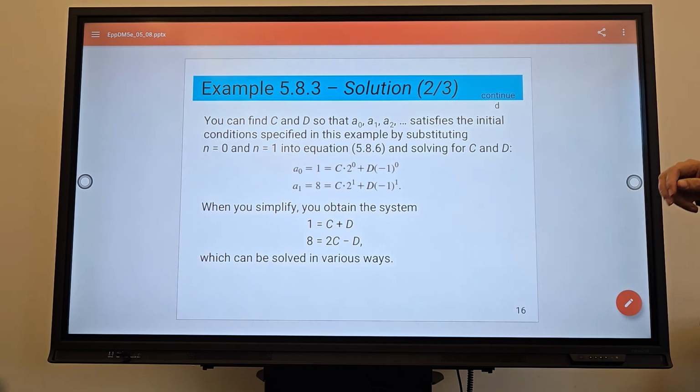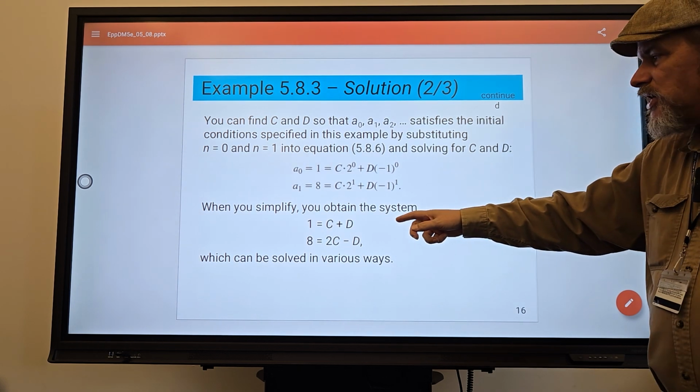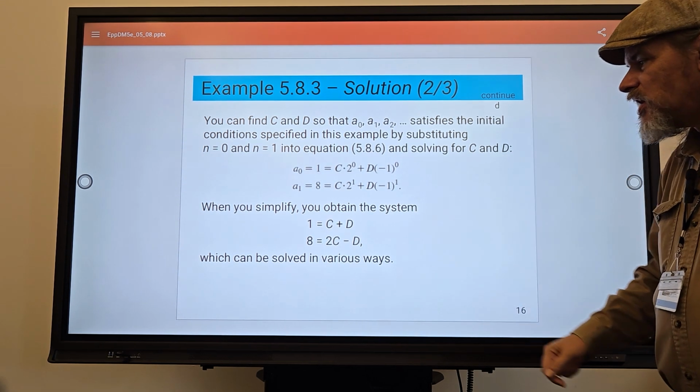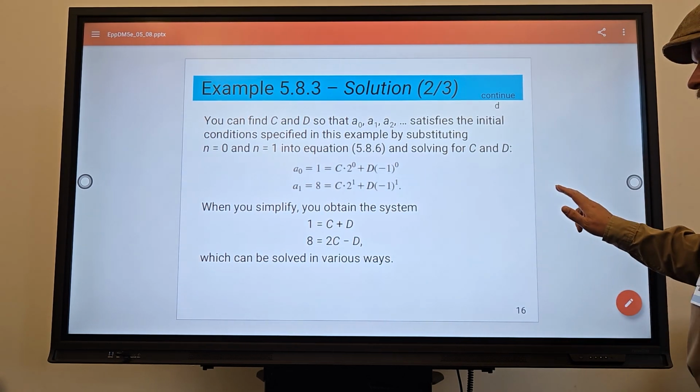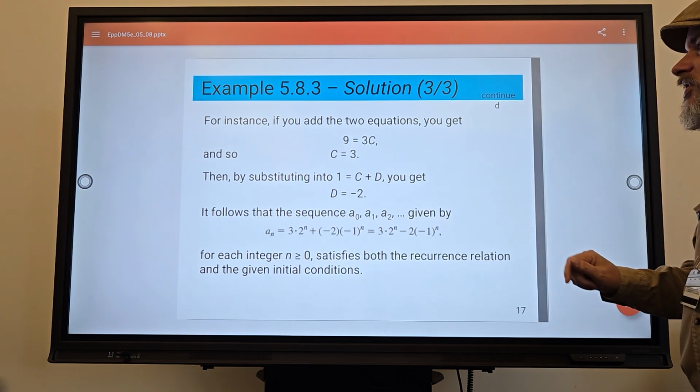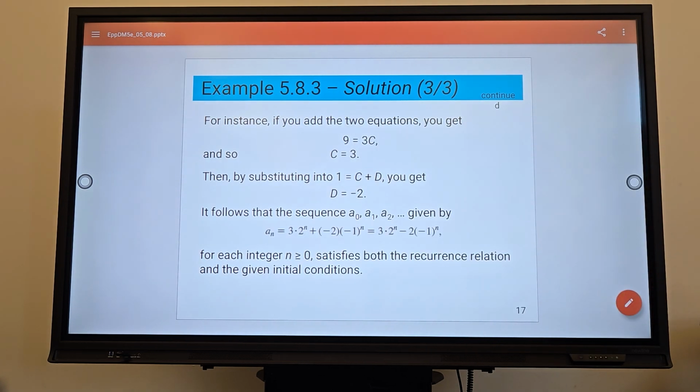When you simplify, you obtain the system 1 equals c plus d and 8 equals 2c minus d, which can be solved in various ways. For instance, if you add the two equations, you get 9 equals 3c, or c equals 3. Then by substituting into 1 equals c plus d, you get d equals minus 2.